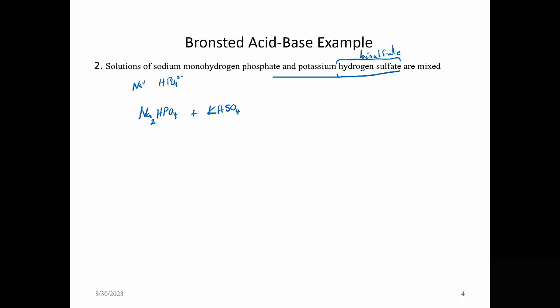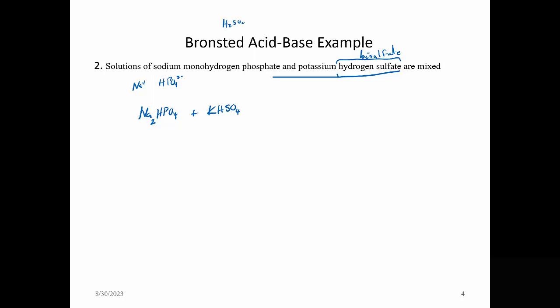Now, I'm not going to break off the hydrogen because I don't have a powerful base to take it off. Is water enough to remove a hydrogen off a weak acid completely? No. Since water is not enough to remove a hydrogen off a weak acid completely, we leave it on there. And so this is why I do not ionize it.